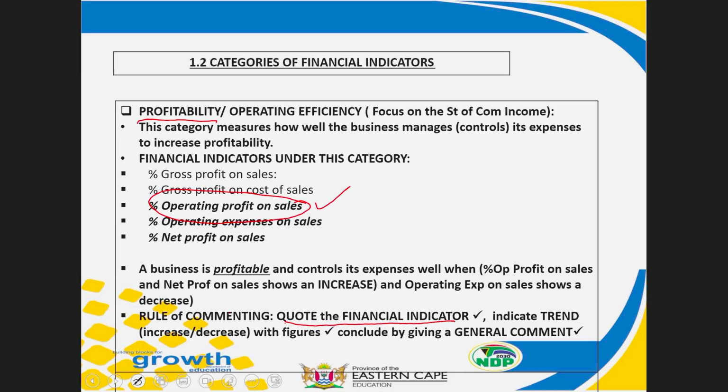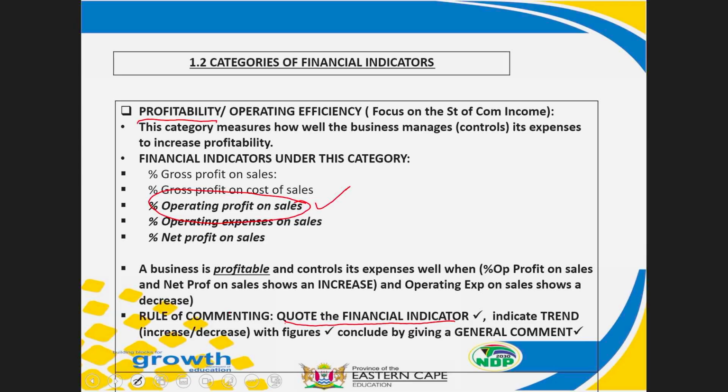Now, you must always remember that we can only use the profitability financial indicators when the question says comment on the control of the business over expenses, or comment on how profitable the business is, or how well the business manages its operating activities. That is the only time we can use the profitability financial indicators.